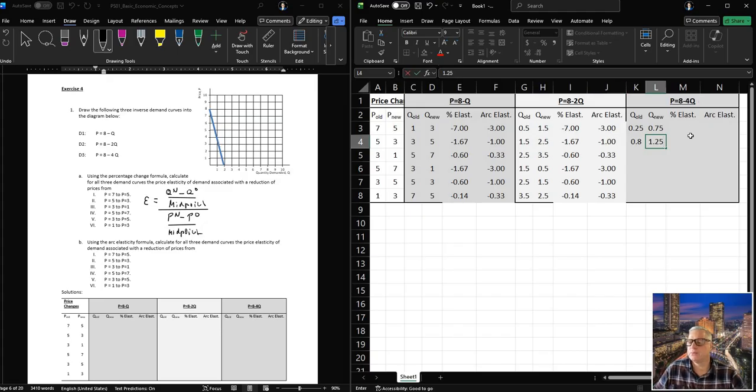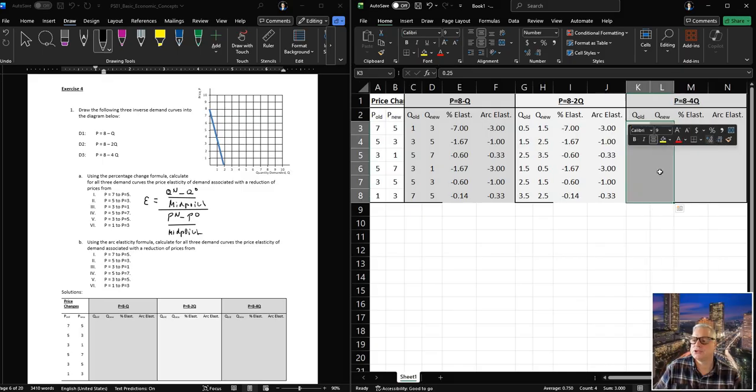You can also always solve this equation: if the price here is 3, then the question is 8 minus 4 times what is 3, and 4 times 1.25 is 5, so 8 minus 5 is 3. So it requires a little bit of math, but we can also sense it from the graph. And again, I'm going to make sure that we always see 2 decimal points. So now we see 3.